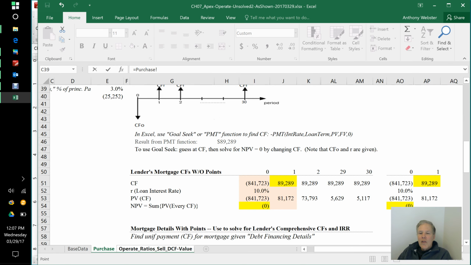So I go over to the purchase spreadsheet, and the mortgage payment, I always like to point to the most cardinal appearance of a number that appears many times. What I mean by that is in cell J51 is where we determined for the first time that the annual payment was actually 89,289.